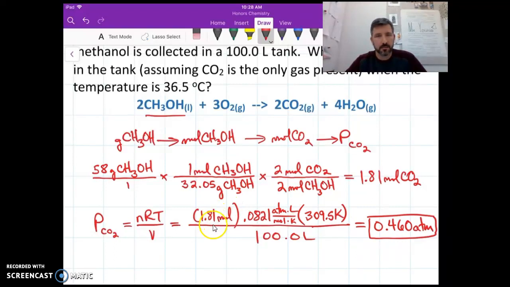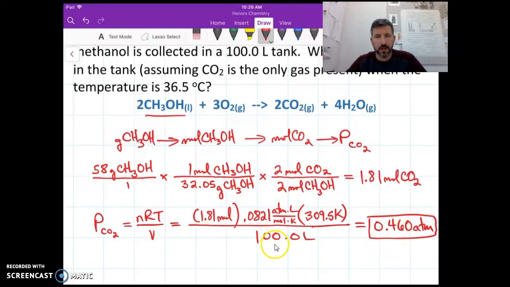Kind of makes sense because we only have a little under 2 moles. 2 moles at standard temperature and pressure would occupy about 44.8 liters. Here we have a slightly higher temperature, but since we're in this big volume of 100 liters, it should make sense that our pressure would be very low.